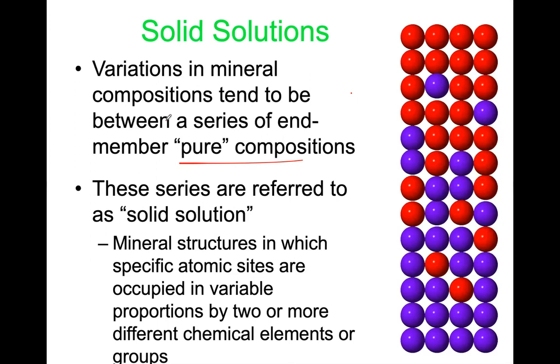Every mineral does not facilitate solid solutions. It depends all on its chemistry, right? Whether the mineral structure is able to replace atoms or ions, right? So that is very important, right? So a series of compositions you can have as solid solutions, right?